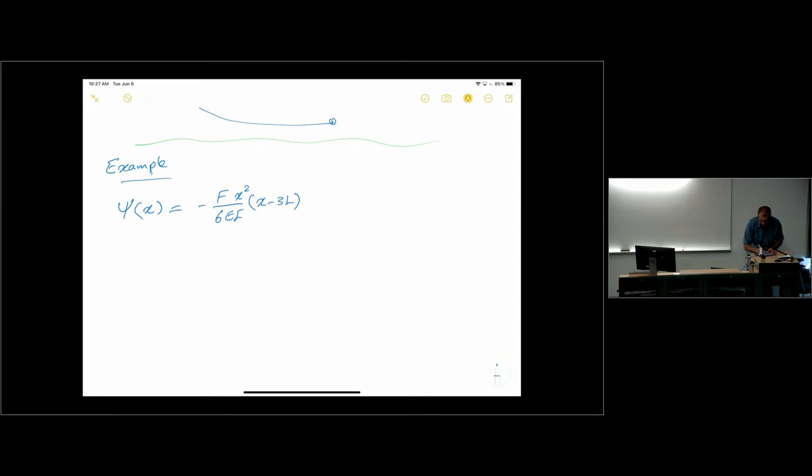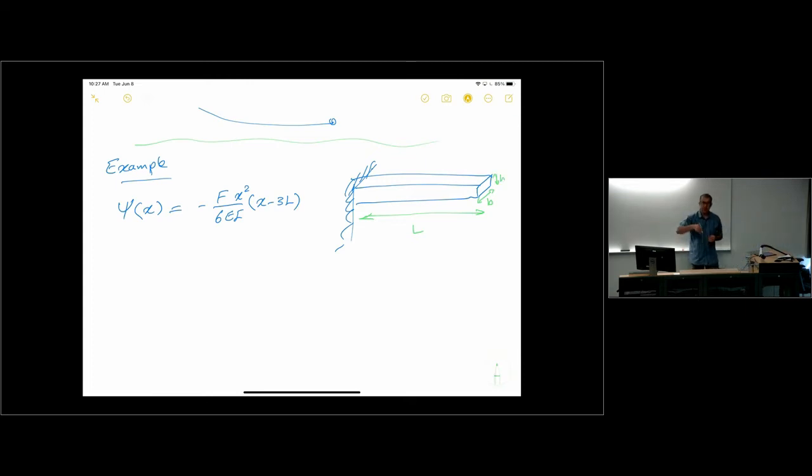And this is the device. So this is my cantilever, and let's just assume this end is fixed. This is L. I have a width of B and a thickness of H for this device.